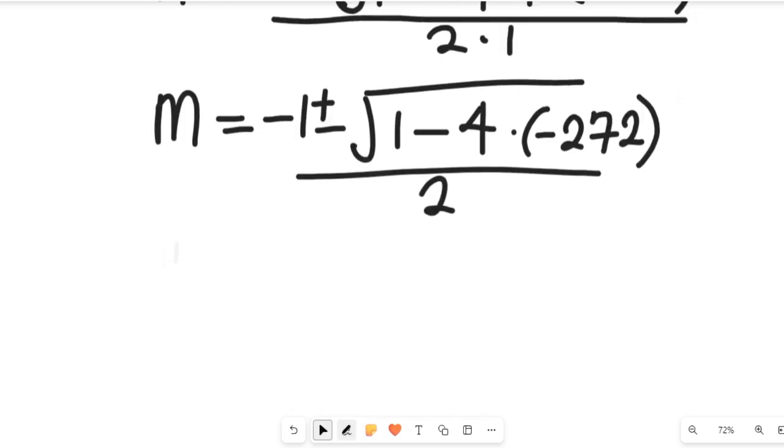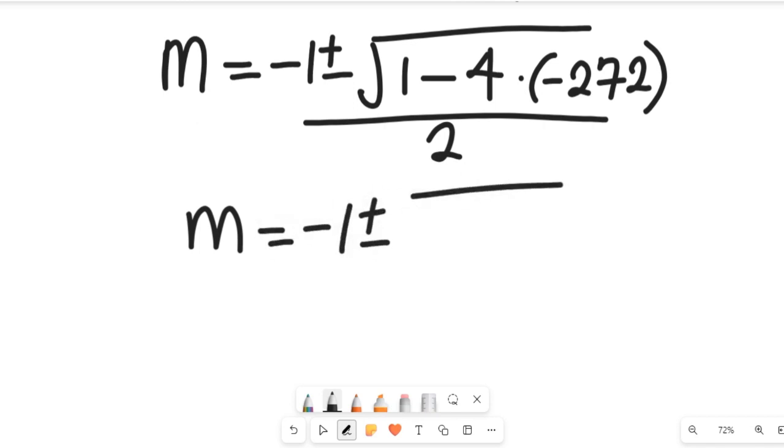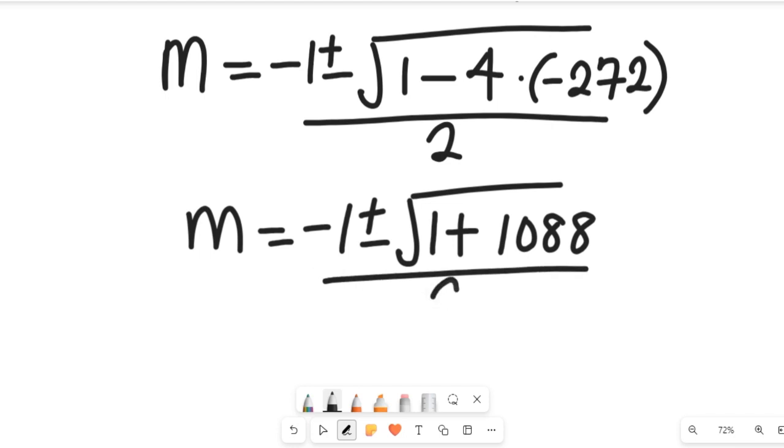So we'll have m equal to negative 1 plus or minus the square root of 1 plus, because minus times minus is going to give us plus, then 4 times 272 is going to give us 1088, divided by 2.